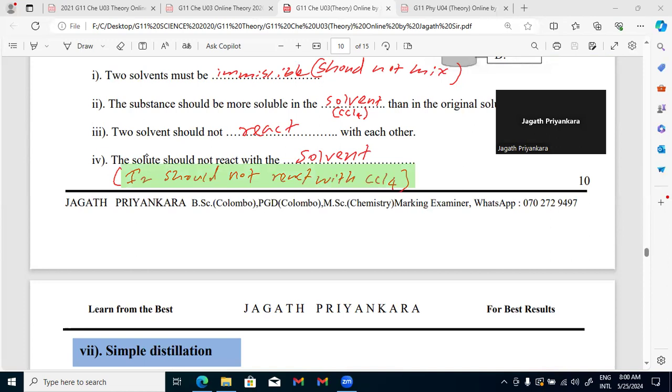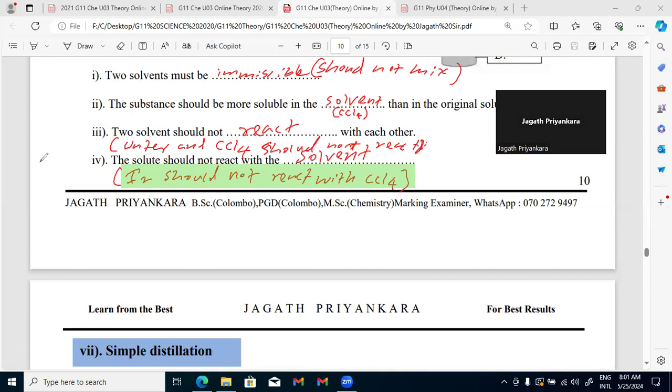Two solvents, you can write that also within bracket: water should not react with CCl4. Otherwise, that also will be a problem. They should not react with each other.